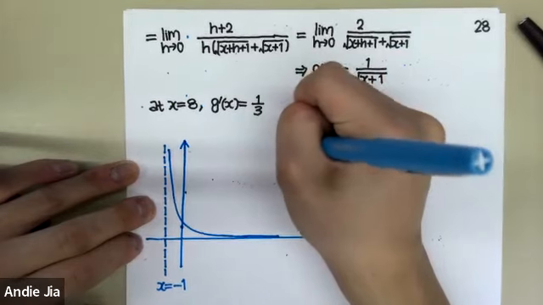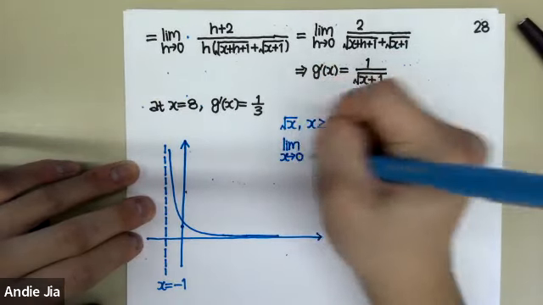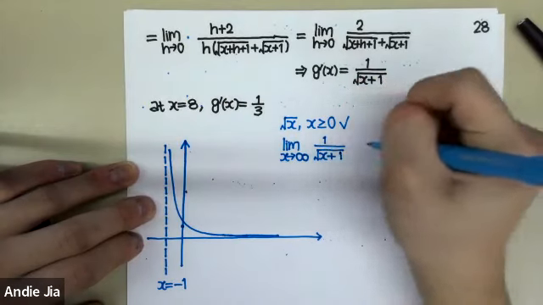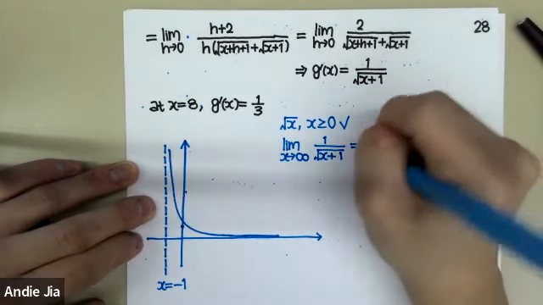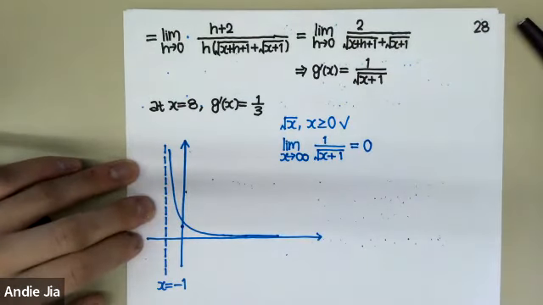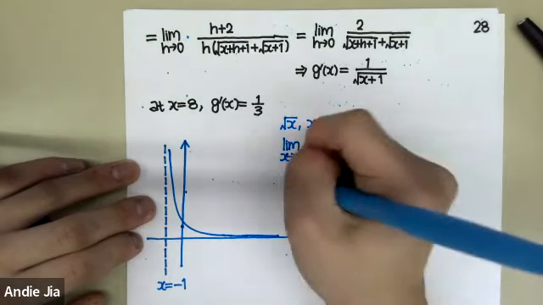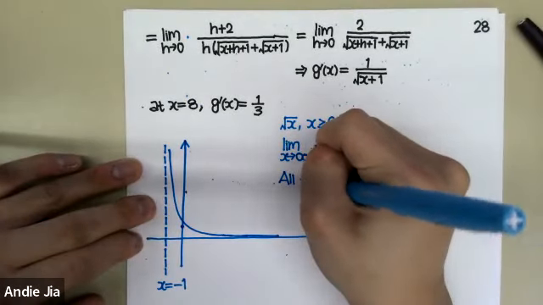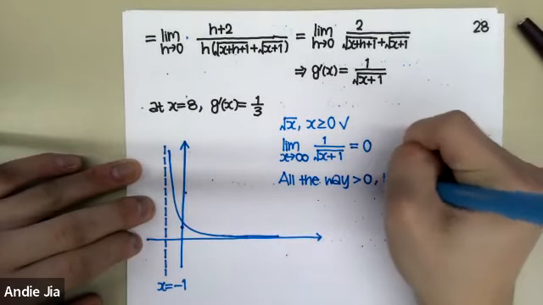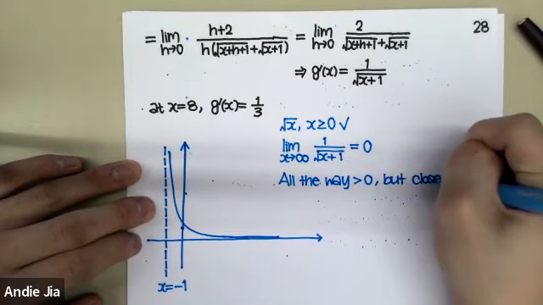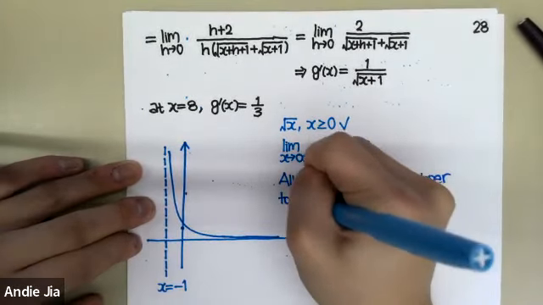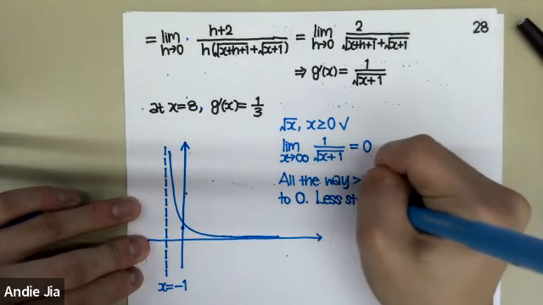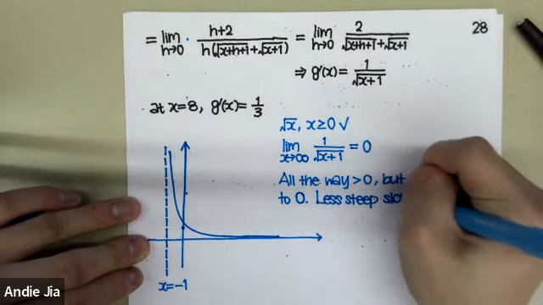And -1 is the asymptote. It's all the way positive, but closer to 0, so it's less positive, with a less steep slope.